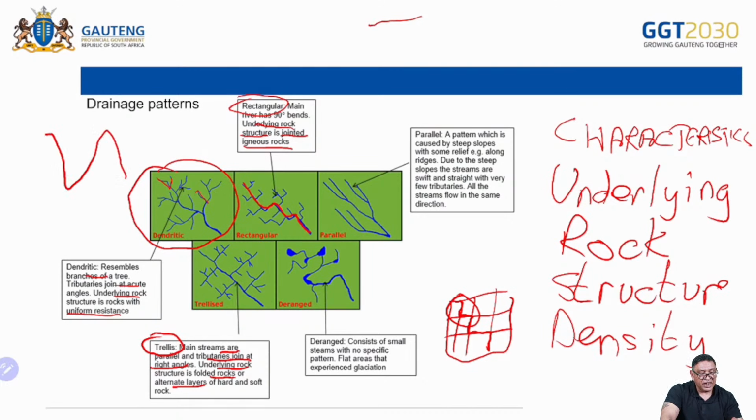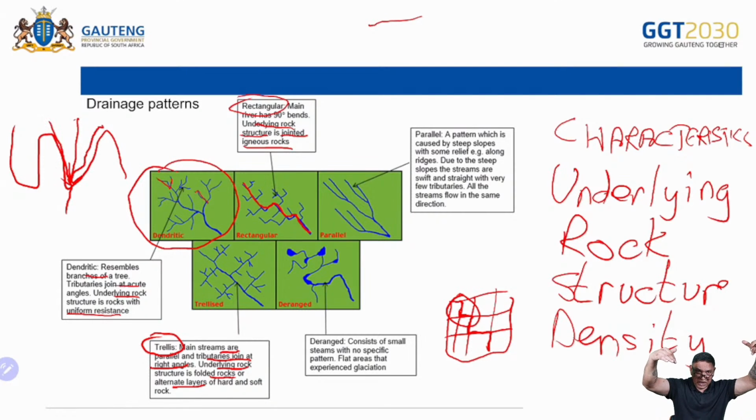So if my area has folds and my river flows there, remember when we have folds, we're going to have a valley and a spur. Okay, so what happens now? When the river flows down the steeper slopes, it's going to have energy, and it's going to flow straight. And because of those steep slopes, it flows straight down and joins the main stream at right angles. Can you see the idea of this? Everything has a reason. Don't just learn it joins the main stream at right angles. Learn why it joins the main stream at right angles.